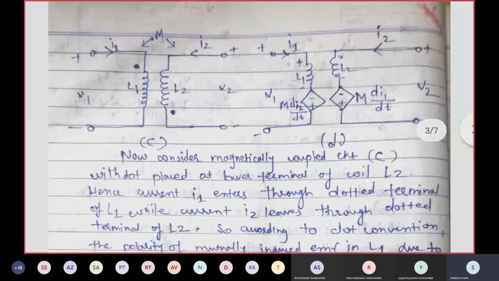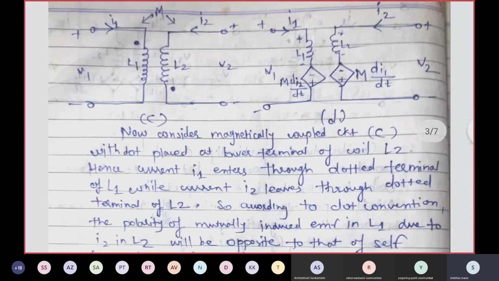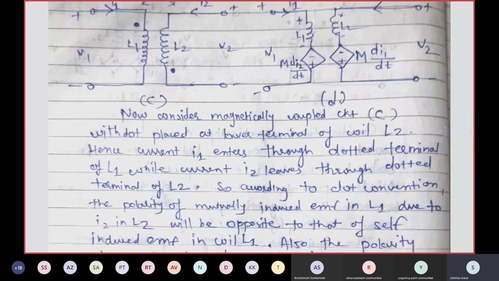Now consider magnetically coupled circuit with dot placed at lower terminal of coil L2, and hence I1 enters through the dotted terminal of L1 while I2 leaves through the dotted terminal of L2. So according to the dot convention, the polarity of mutually induced EMF in L1 due to I2 in L2 will be opposite to that of self-induced EMF in coil L1.